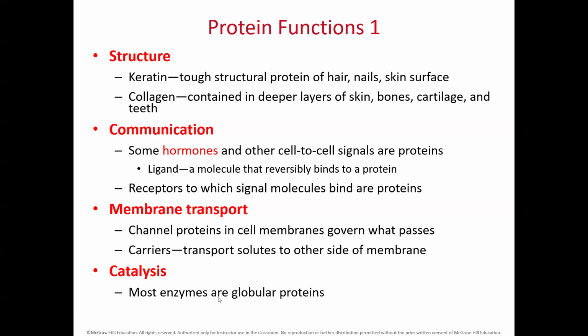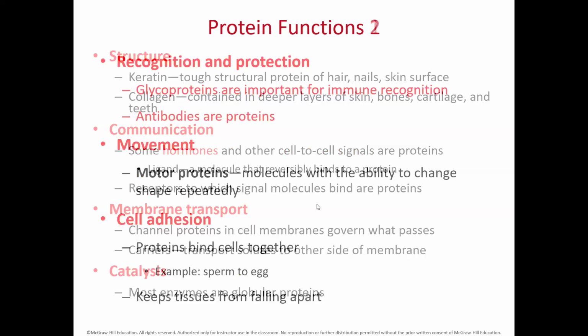That's an example of it. A lot of our enzymes that are there to help break down the nutrients we eat, almost all of them are proteins. So when we hear of the enzyme lactase, lactase is a membrane protein. It's an enzyme as well.